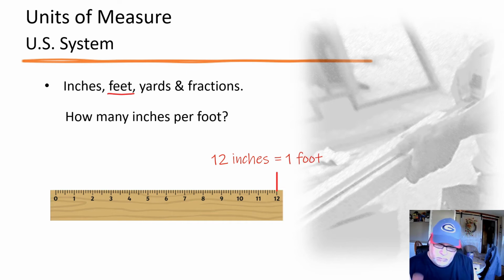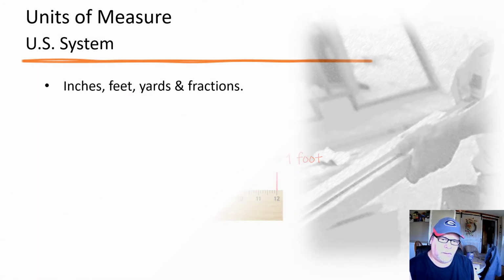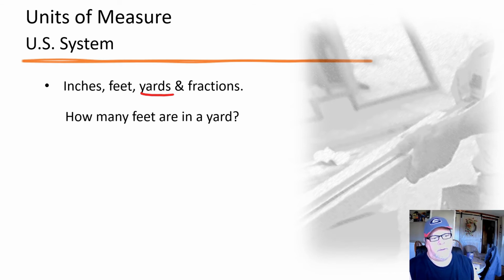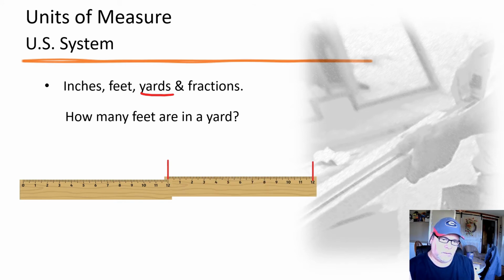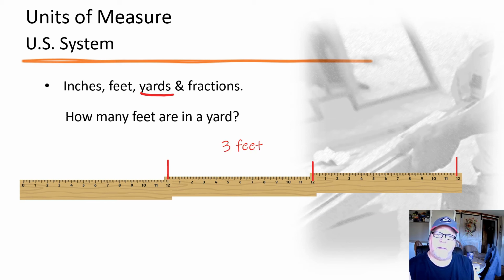So you've got an inch, and it's 12 inches in a foot. You've got yards. How many feet are in a yard? That's 1, 2, 3 feet. So it's 3 feet in 1 yard.